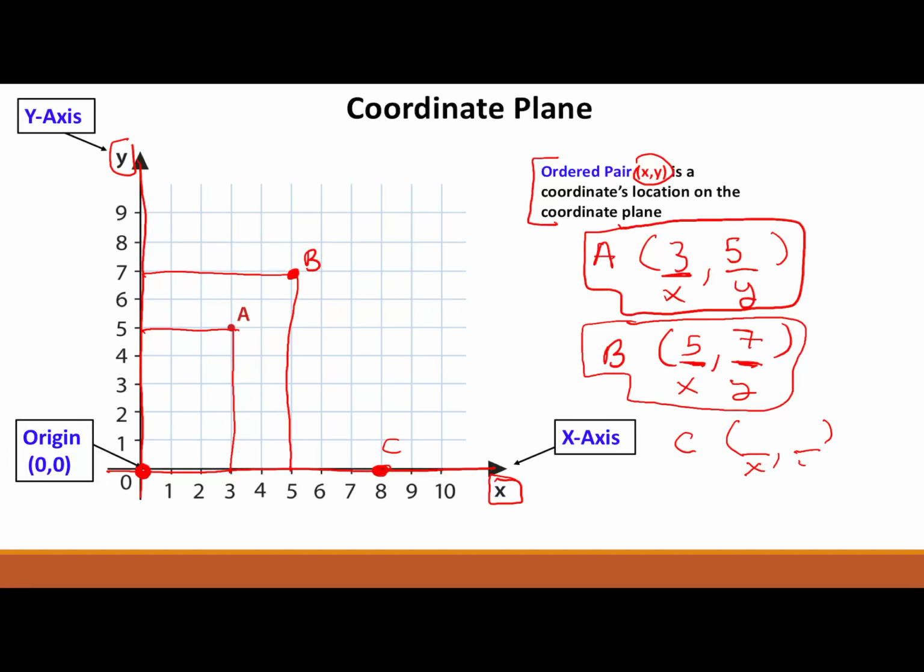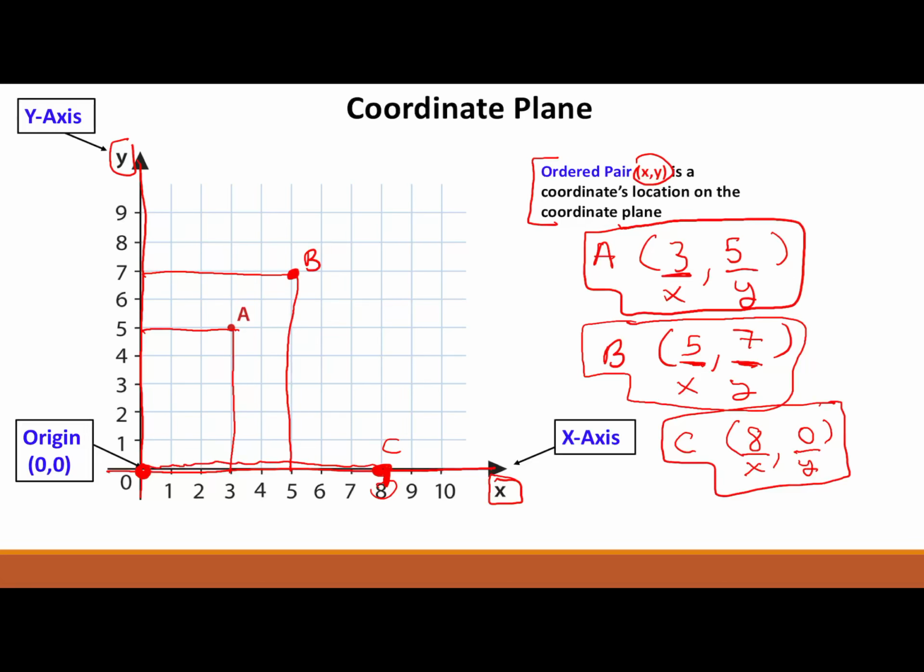If you can't remember which one's first, remember x comes before y in the alphabet, so our x-coordinate goes first. So let's look at point C. We're already on the x-axis at 8, so our x-coordinate is 8. And if we go to the y-axis, our y-coordinate for point C is 0. So the location of C is (8, 0) on the coordinate plane.